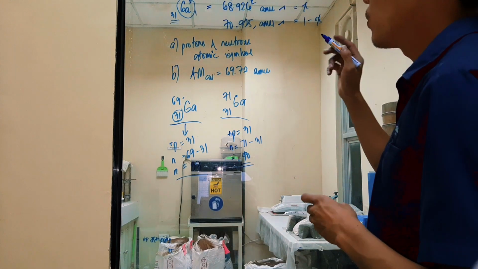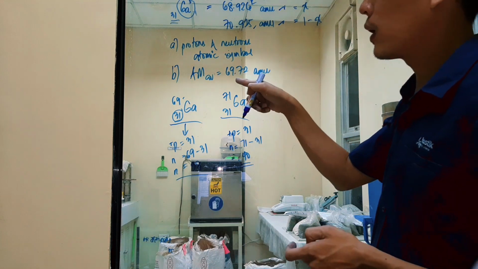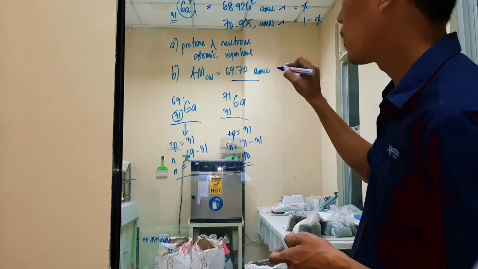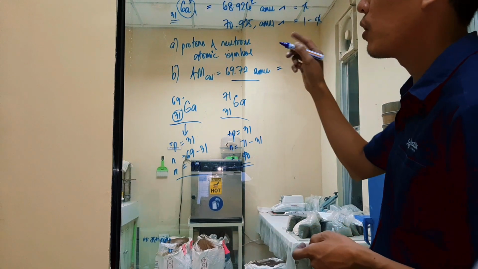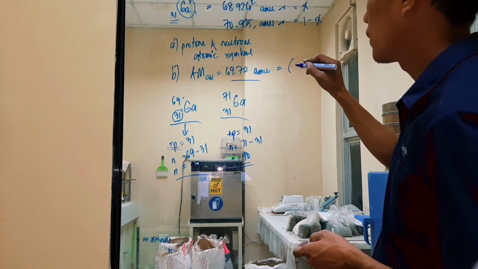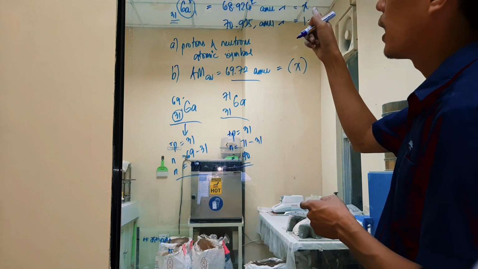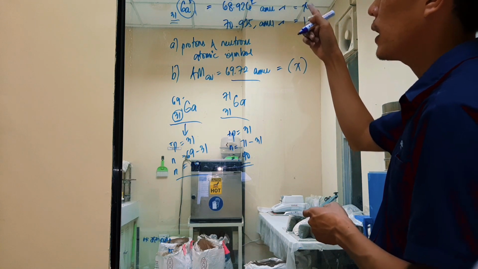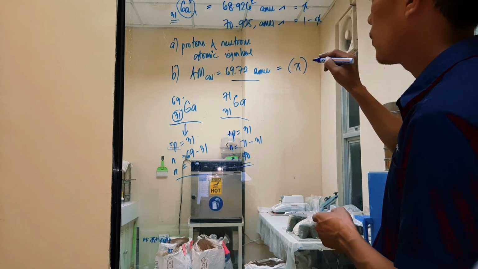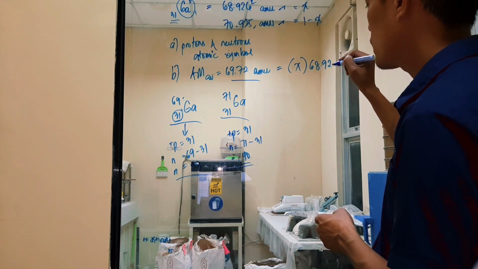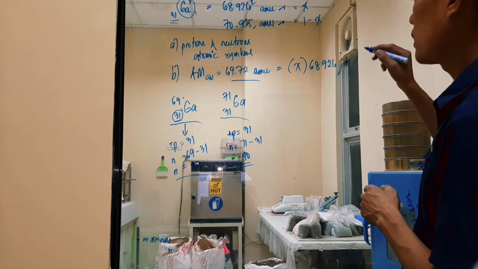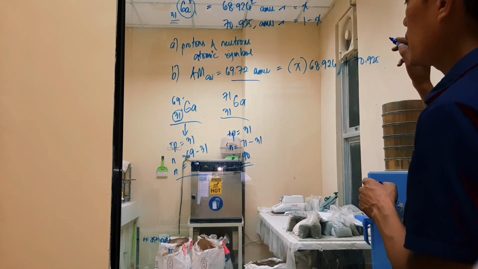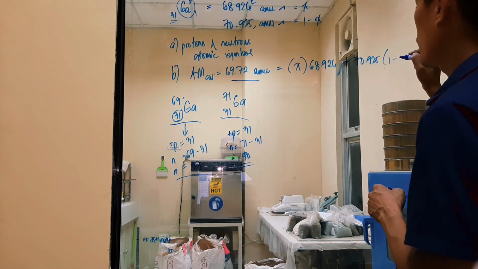The average atomic mass is equal to the sum of each product: x, the abundance of gallium-69, multiplied by 68.926, plus the atomic mass of 71, 70.925, times 1 minus x.